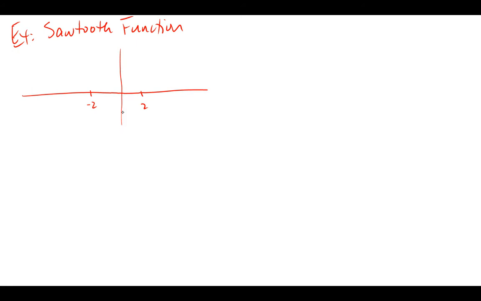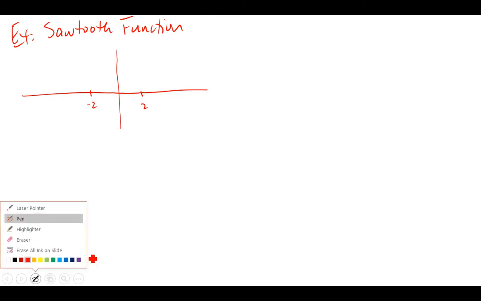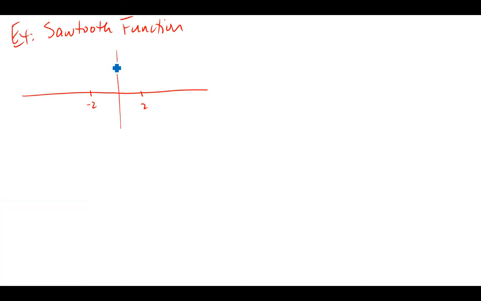Then the sawtooth function is one that simply makes a tooth. I'm going to use blue here. The sawtooth function would come down here from, so this point is (-2, 2), and this point is (2, 2).